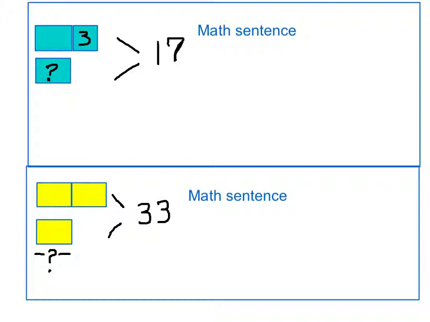So what we know is if we could get rid of this 3, then we would have 2 equal units left. So the math sentence to get rid of the 3 would be 17 minus 3, which is equal to 14.